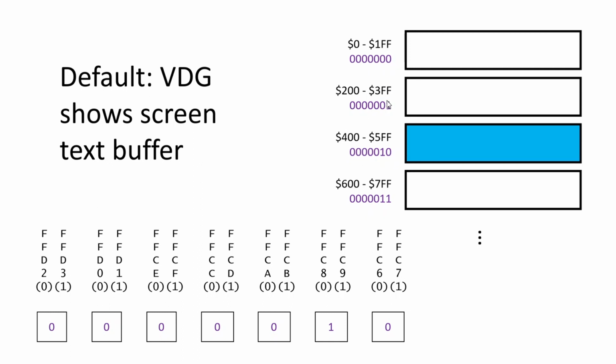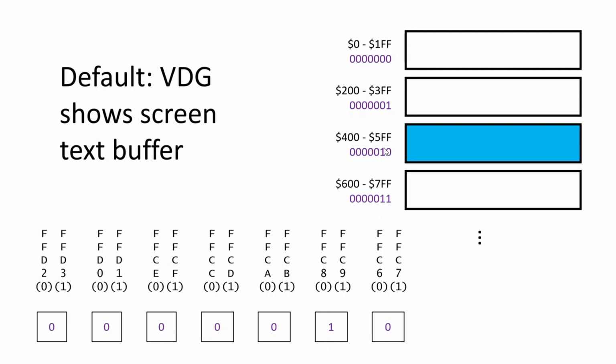If you look at these purple binary numbers, you'll see that they go up by 1 for each page. And that's the identifier of the page to show. So let's say this is the one that we want to show. We have to make sure that this purple value is the one that gets poked into the VDG. The way that's done is by picking addresses here that the VDG listens to and poking at the correct address.